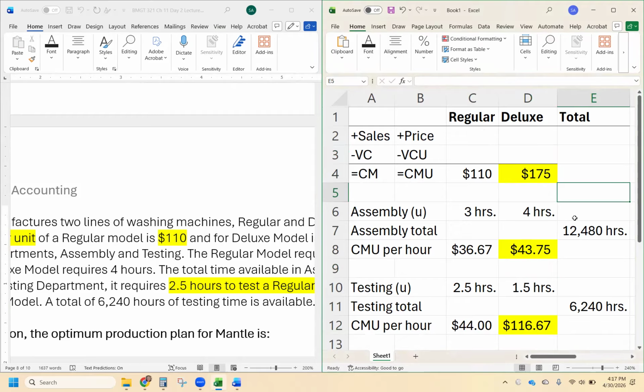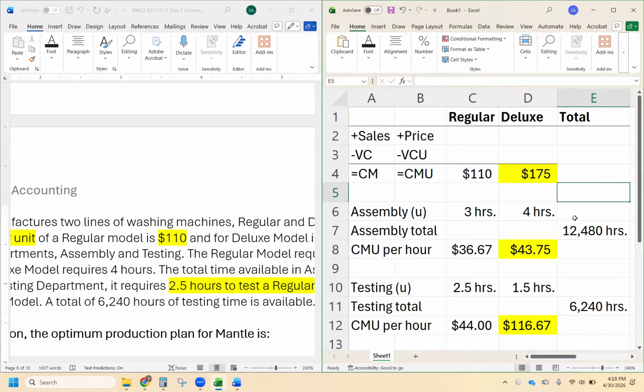So as the accounting department, we would say, hey, production, deluxe is the moneymaker. You want to sell as much deluxe as possible. And they're like, okay, we'll sell as much deluxe as possible. So how many deluxe can we make?